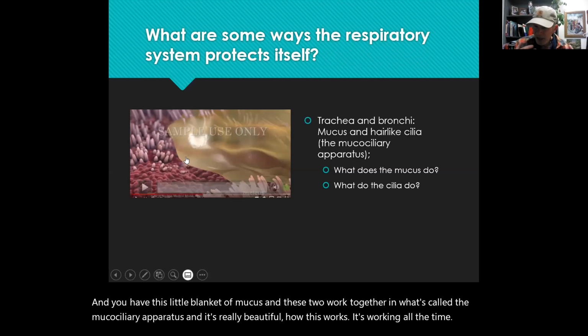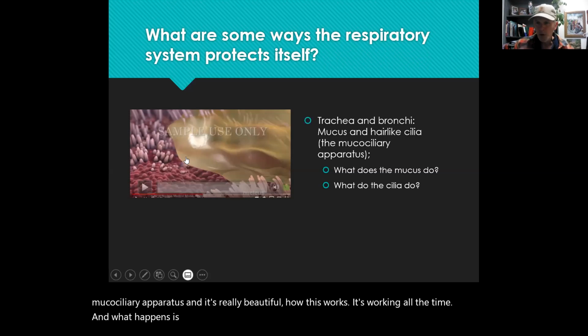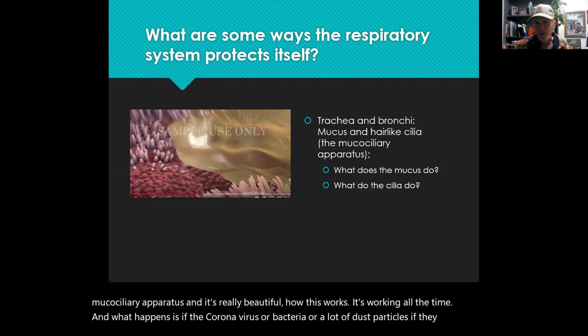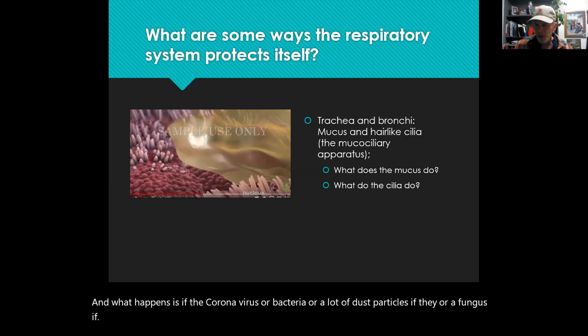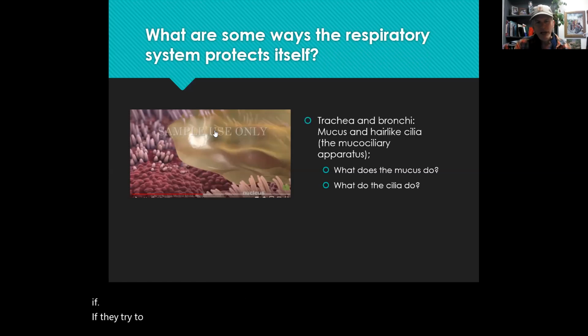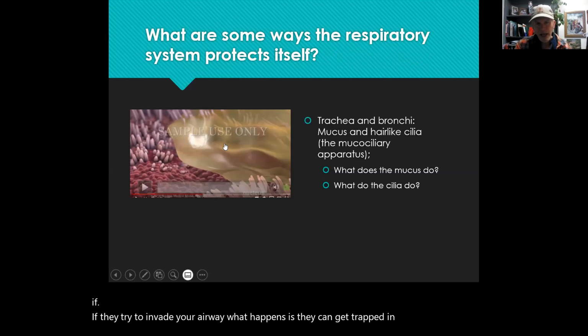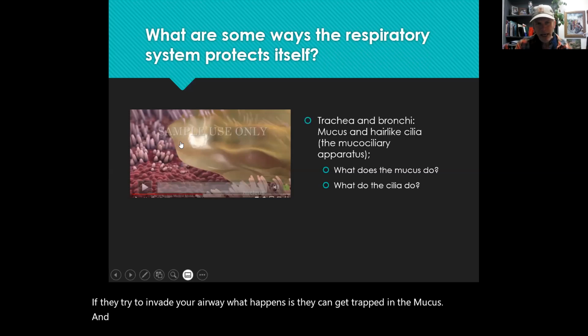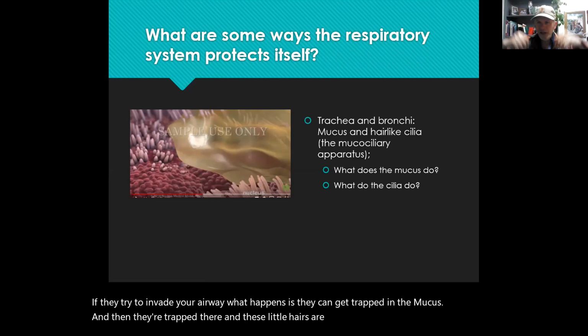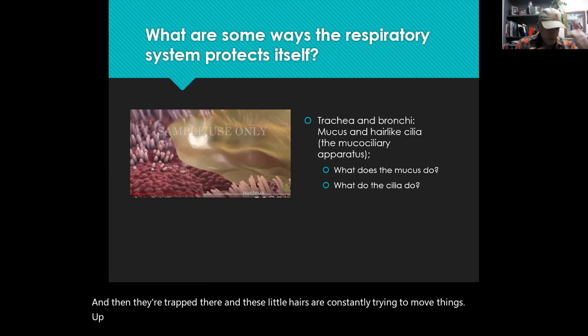And what happens is if the coronavirus or bacteria or a lot of dust particles, or a fungus, try to invade your airway, they can get trapped in the mucus, and then they're trapped there, and these little hairs are constantly trying to move things up towards your larynx.